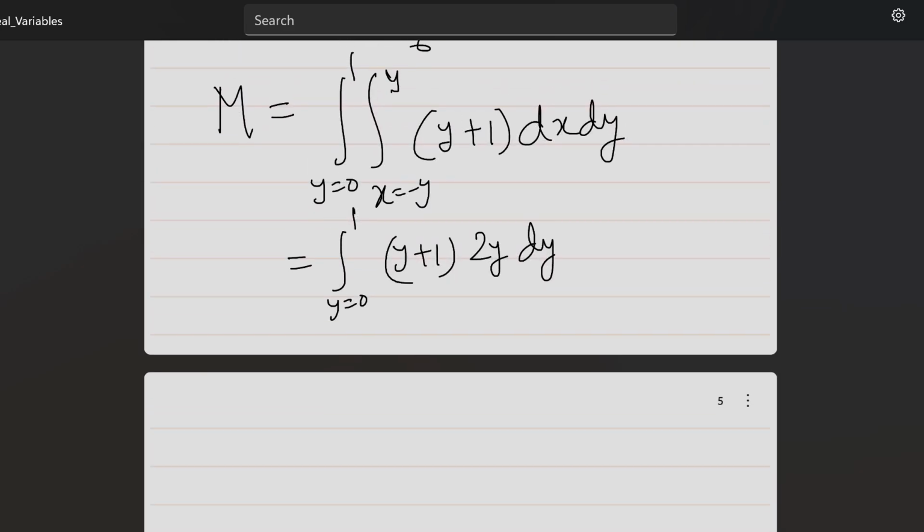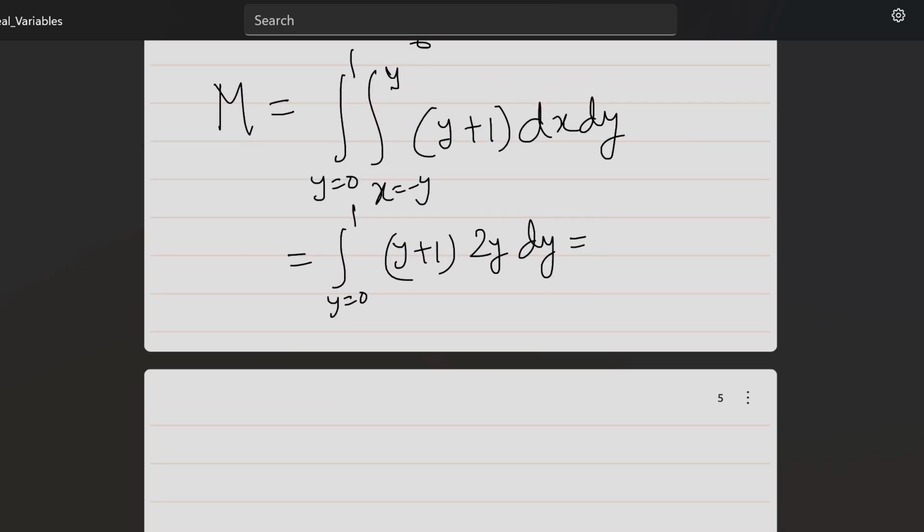What is the value of this integral? 2 into, I am directly writing, this is y squared, that means the integral is y cube by 3, and this is y, so it is half. So it is 5 by 6, that means 5 by 3. Sorry, 10 by 6, same. 10 by 6 is the same as 5 by 3.